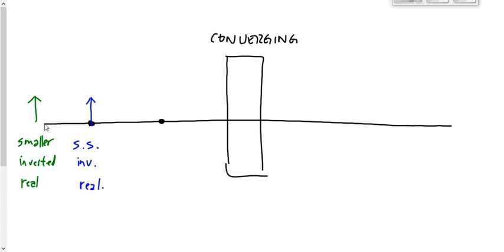The pattern keeps going. If we move our object even further in, this time our object is between F and 2F. That would produce an image for a converging lens that was larger, inverted once again, and real.